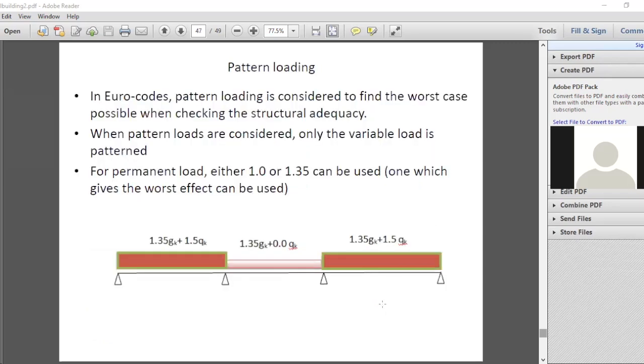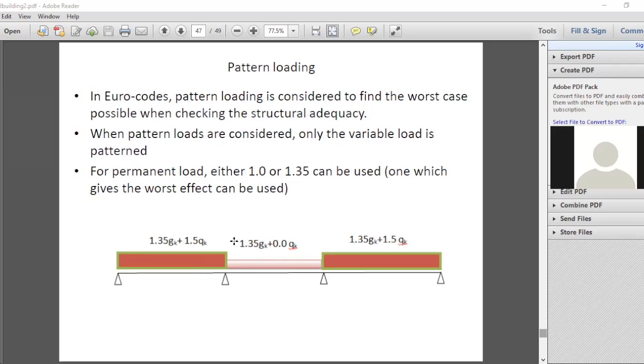And then, in the case of designing the beams, we have to consider pattern loading. When you are considering pattern loading, the ideal way is you go with this span, load it with the maximum.